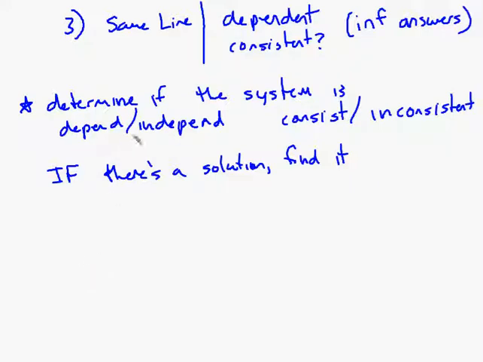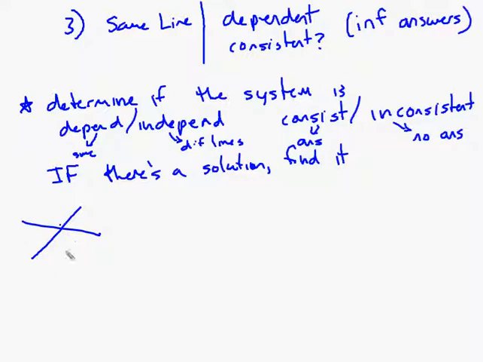So dependent, independent. Dependent means they're the same line. Independent means they're different lines. Consistent means there's answers. Inconsistent means no answer. So to rehash our possibilities, where they intersect, that's a consistent and independent system.